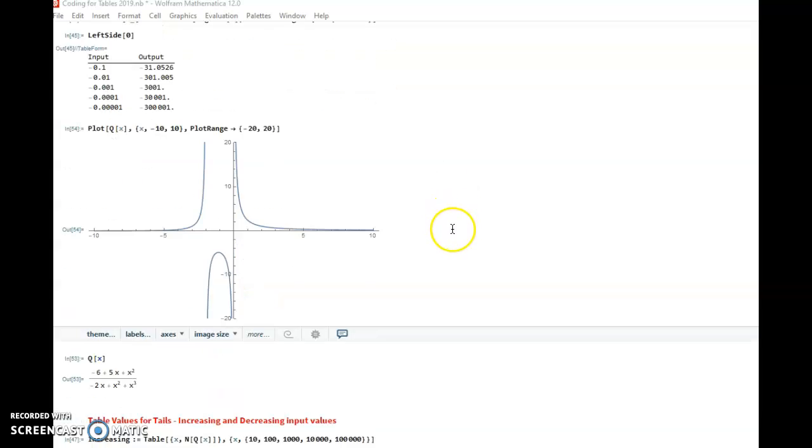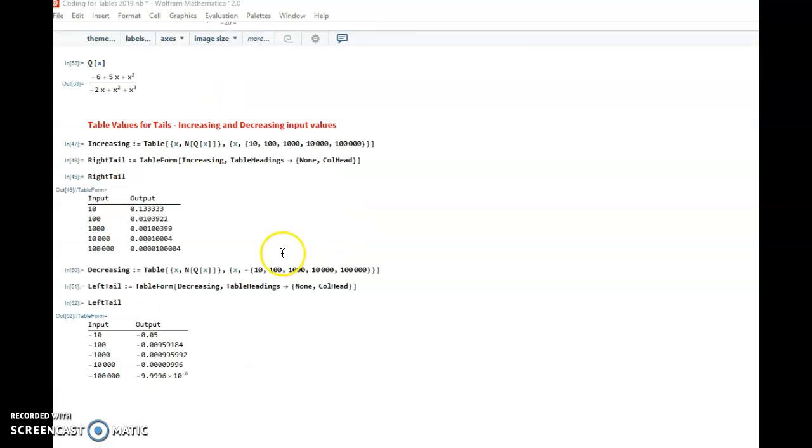Now, we could also look at these other tables here, which show the tail end behavior of the function, and ask, what's happening to this function as x goes to infinity or as x goes to -infinity? You can see from the tables, we have numerical evidence that as x approaches infinity, the curve approaches 0.